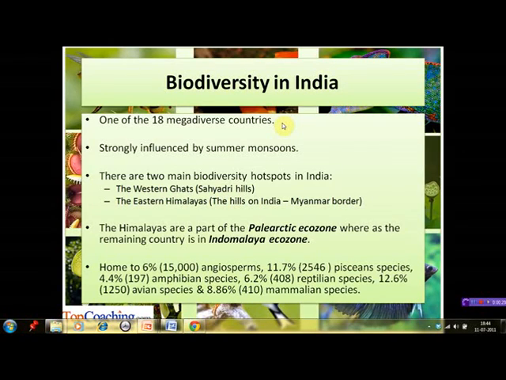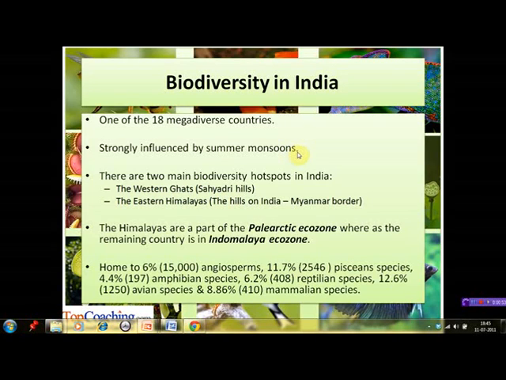India harbors a wide variety of ecozones such as mountains, plains, foothills, rivers, grasslands, temperate and tropical forests, marshes, and island archipelago. The summer monsoons cause a great impact on the region, causing an evident change in the vegetation as well as the habitat.